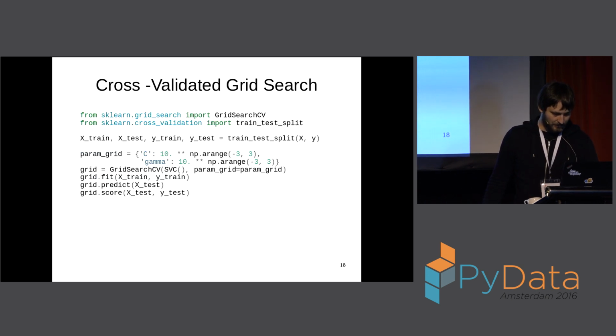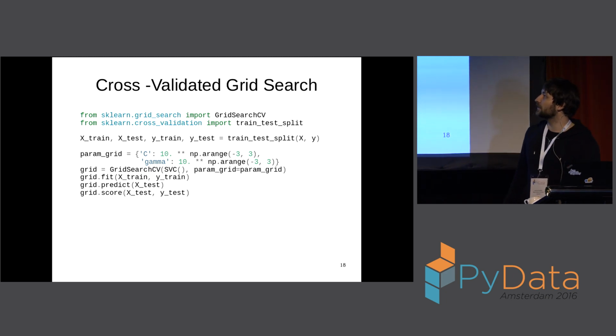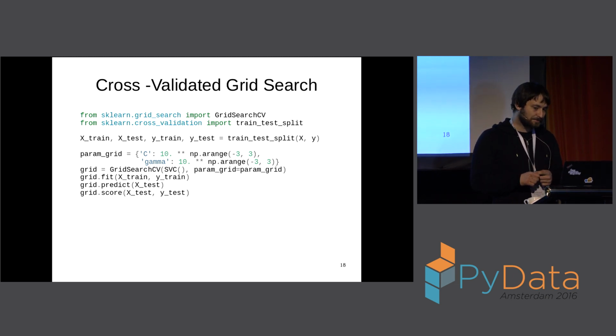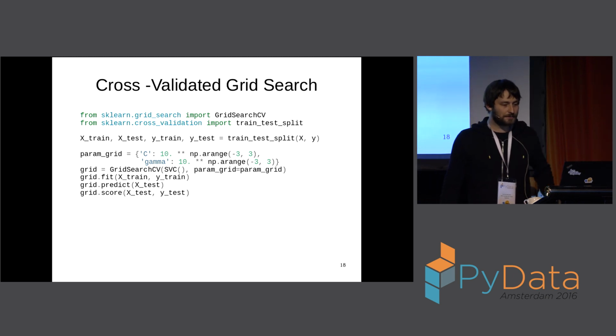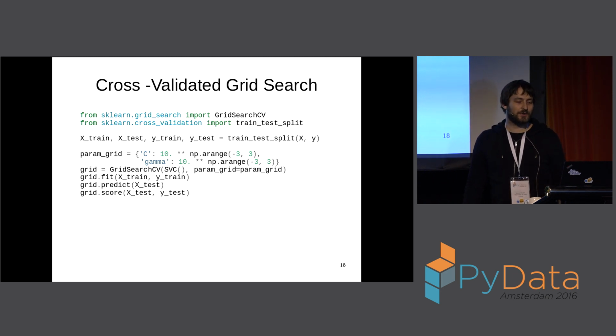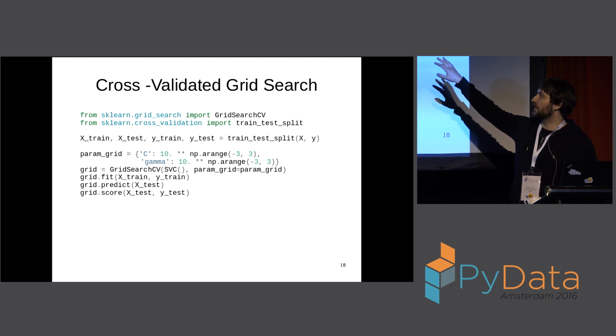All right. So the way to implement grid search with cross-validation in Scikit-Learn is pretty simple. It's implemented in the GridSearchCV class. As I said before, I split off a test set before I run the grid search so I can evaluate the parameter setting. I define a param grid, which is a dictionary that goes from the parameters I want to adjust to the values I want to try.